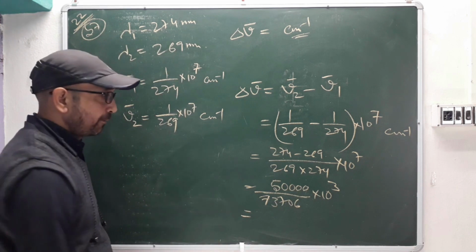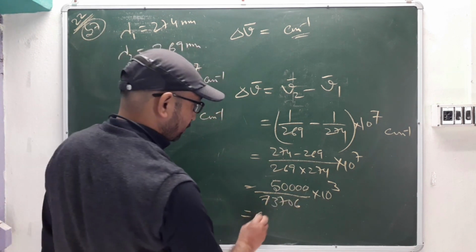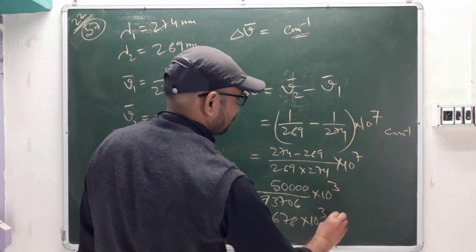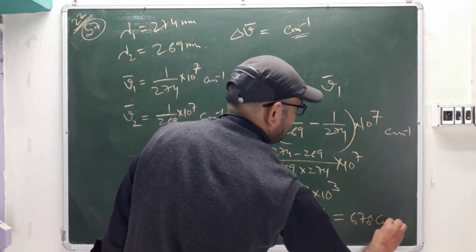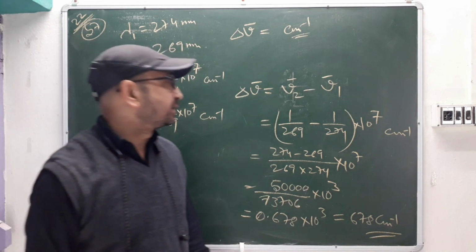Dividing this, it will be 0.678 into 10 to the power 3. So the final answer will be 678 per centimeter.